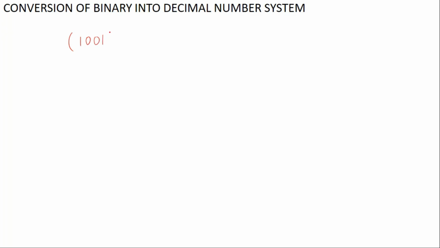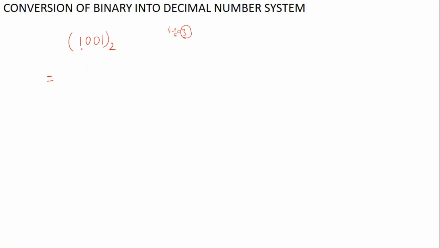1001 base 2. So first work is to count the number of digits: 1, 2, 3, 4 digits. 4 minus 1 is 3. We have to subtract 1 from the number of digits. Why we have to subtract? I am telling you.